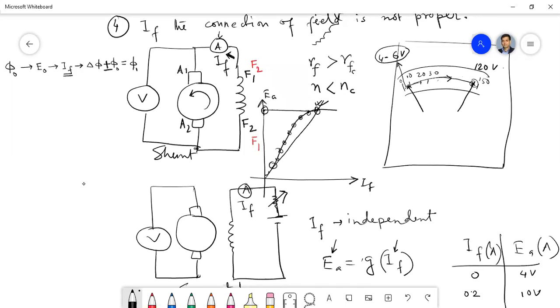If the ammeter is out of order, there is no current through it, no current will flow through the field, and the voltage will not build up. So that is another possibility. That is a practical one. That is not written in the book, but it is a practical one. If the ammeter is out of order, then also your voltage will not build up. Is that clear?